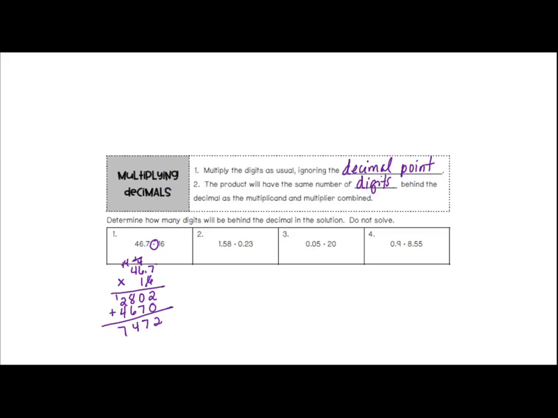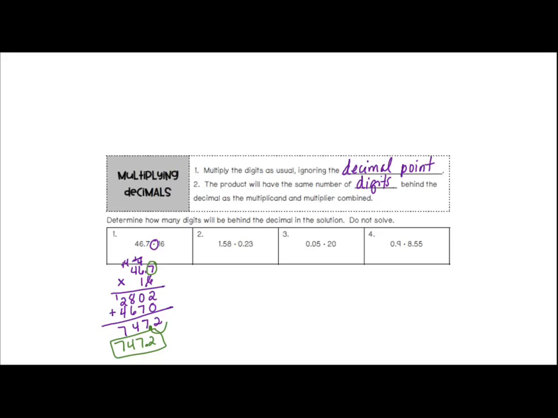I have one digit behind the decimal point in my problem. So that means I need to have one digit behind the decimal point in my answer. So that's going to give me 747.2. All right, so now this next problem, we're going to go back and follow the directions that they gave us.